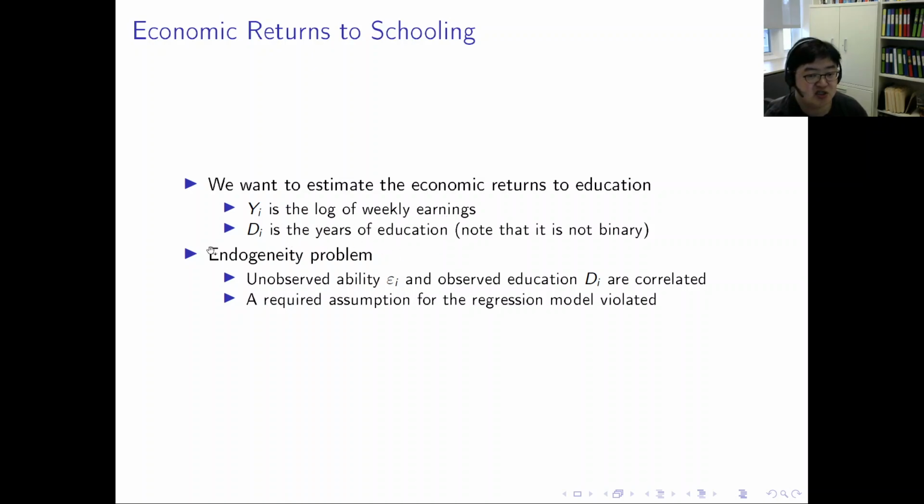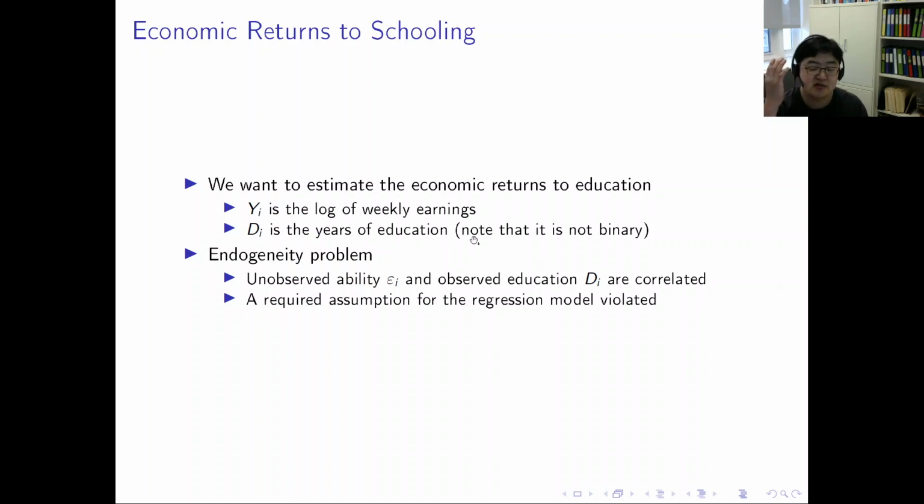The endogeneity problem in this analysis is pretty obvious because we do not observe some ability, like intelligence or diligence or whatever your character or personality, that is pretty important in your education choice and also affects your wage, right?